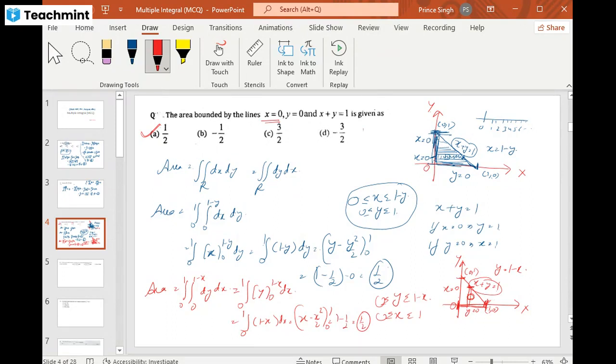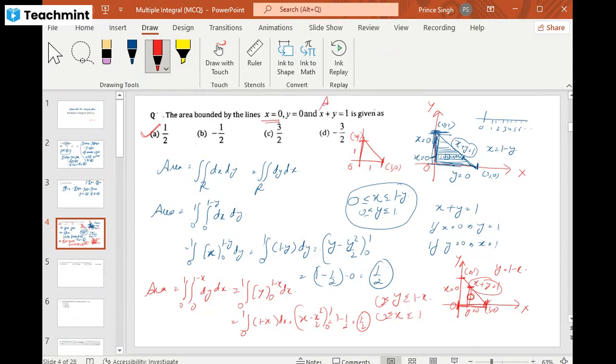Otherwise, if you just look here, this is a triangular region where the point of intersection on the x-axis is 1, 0 and the point of intersection on the y-axis is 0, 1. It means the height is 1 unit, and the length is also 1 unit. And what is the area of a triangle?